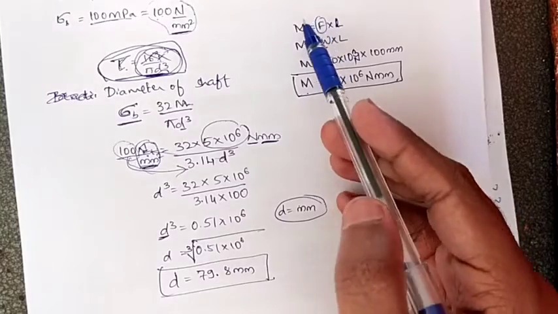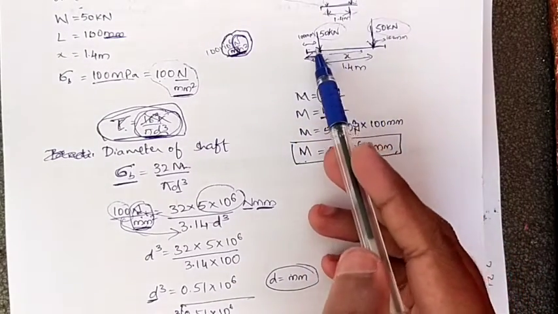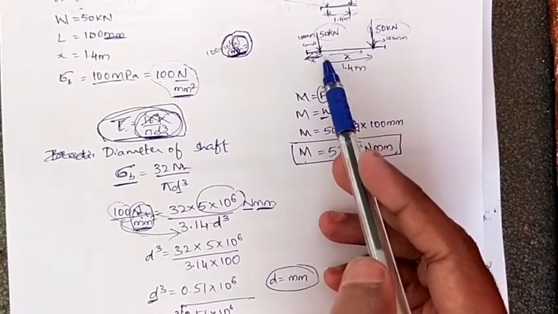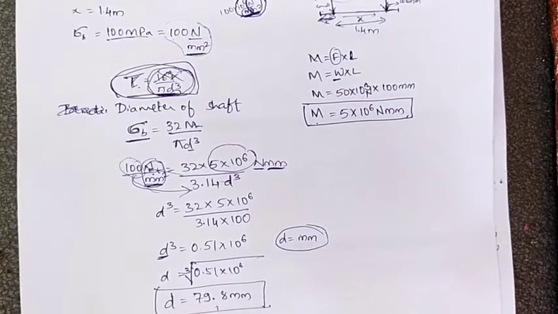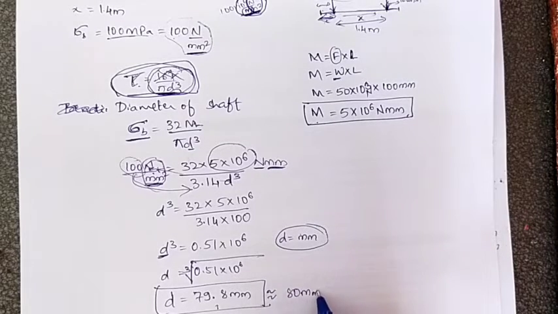So for this railway wagon, if you want this post to be held by a shaft, then that shaft should have 79.8 millimeter, or approximately 80 millimeter, as the diameter.